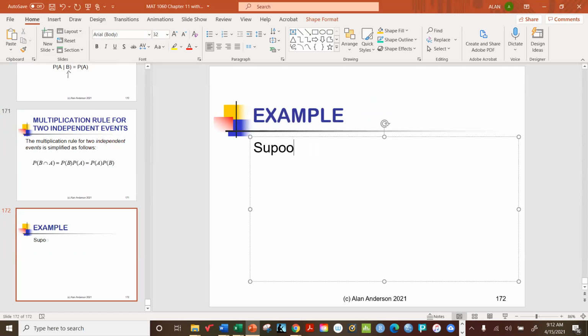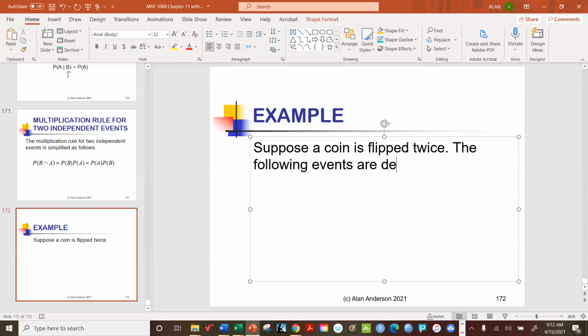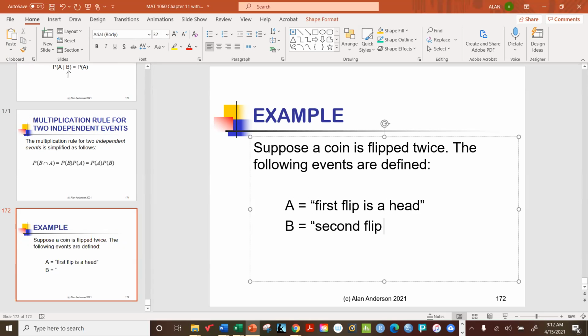Suppose a coin is flipped twice. The following events are defined. A equals first flip is a head. B is the event the second flip is a head.